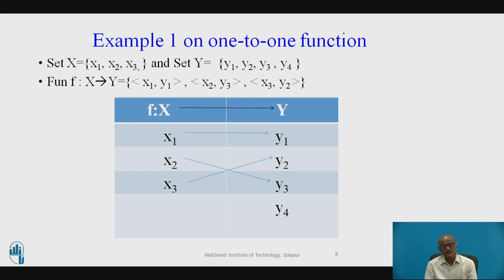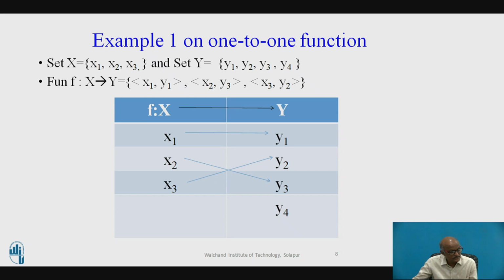It means that all the elements of X are mapped, but all the elements of set Y are not involved in the mapping.